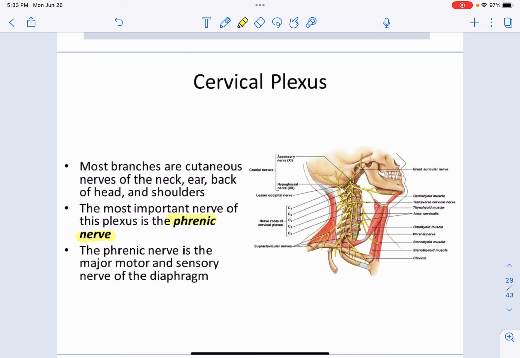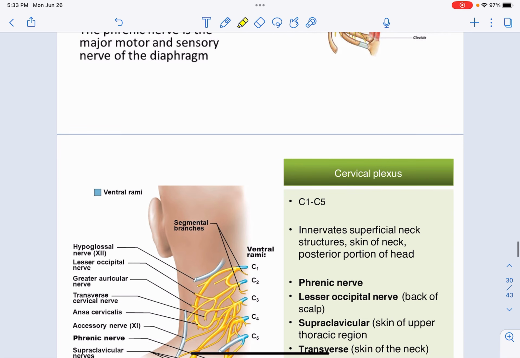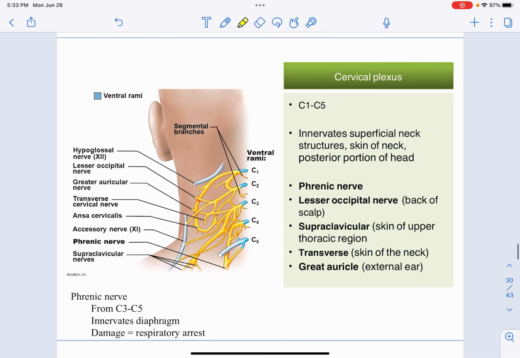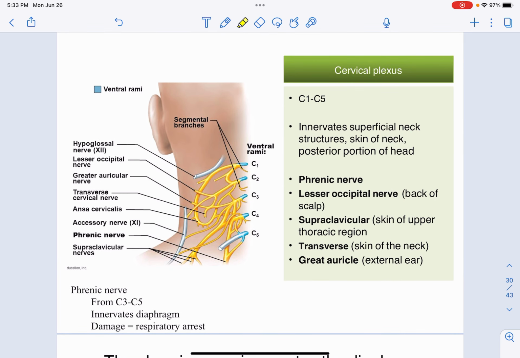Okay, so this nerve is really important, and it is the only one I want you to know. I'm showing you this slide so you can get an appreciation of this cervical plexus, how complex it is, how many nerves are coming off of the plexus. But I really just want you to know that the phrenic nerve is coming from the cervical plexus. So that's the only one.